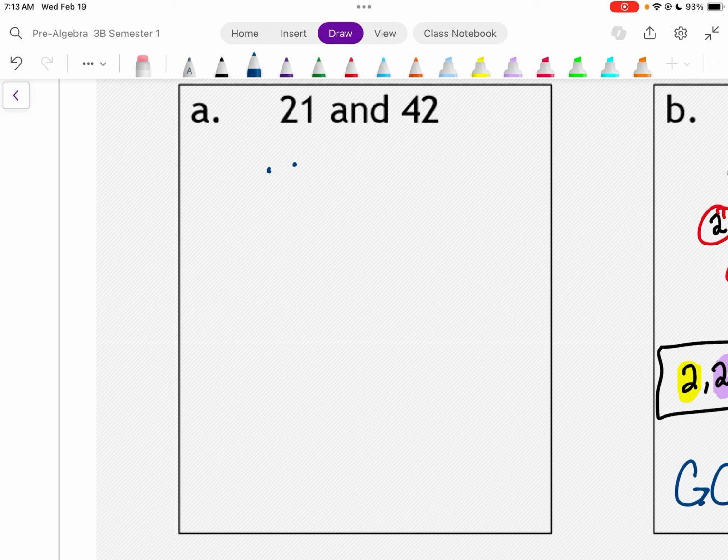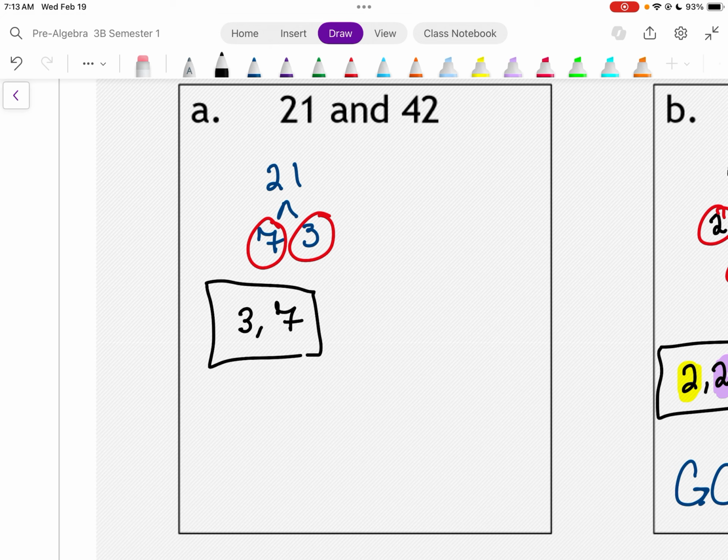This one we had 21 and 42. 21 can be factored into 7 times 3, and both of those are prime numbers, and that would be the end of that list. So we have a 3 and a 7. Then over on the right, I would factor 42. And again, you could have done this differently than me. There are multiple different ways to do a factor tree.